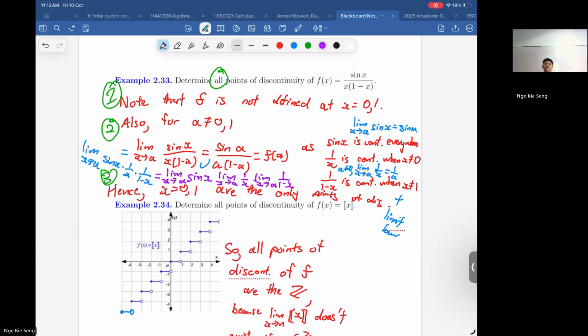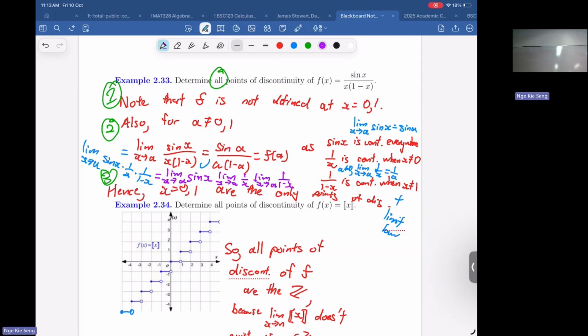Make sense? So if you further ask me, why are they continuous at these points? Then you need to repeat our steps: do the left-right limits and then check the definition at that point. So you need to check the three criteria. Does it make sense?